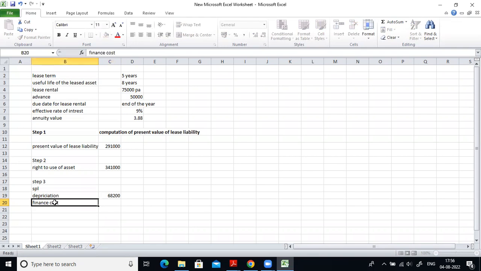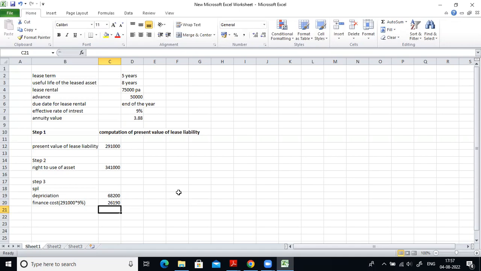Let me put it this way, the finance cost will be computed on 2,91,000 into our effective rate of interest 9%. So you will be charging 26,190 as finance cost in our statement of profit or loss.